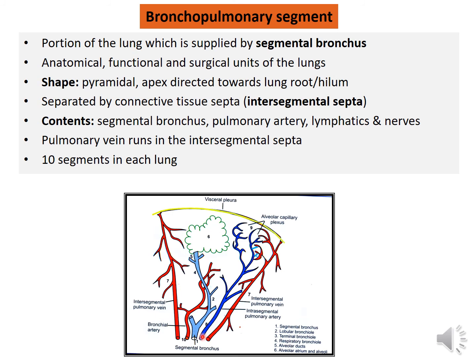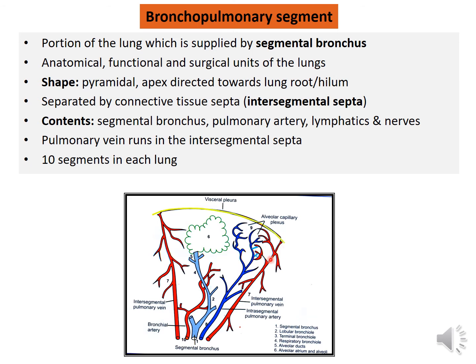And next you can see an important structure, the pulmonary artery. Remember, the pulmonary artery always runs along with the bronchus. And also you can see some lymphatics and nerves within the segment.